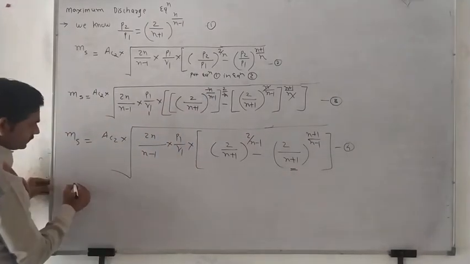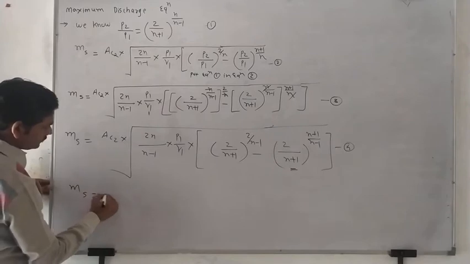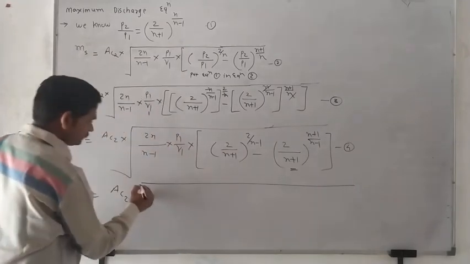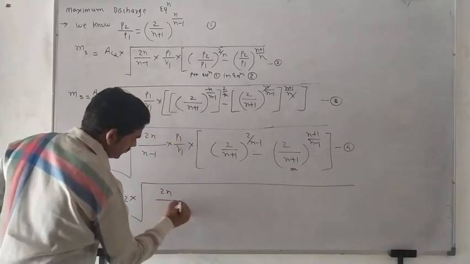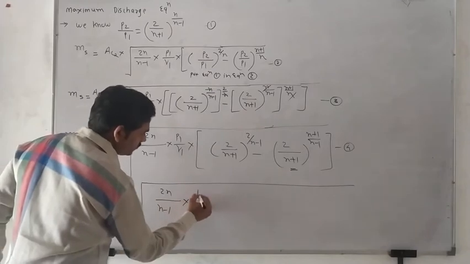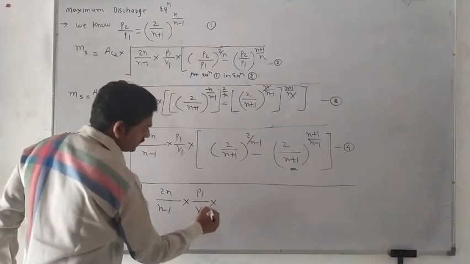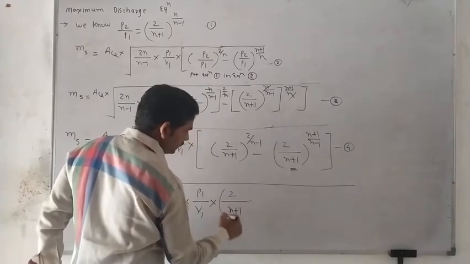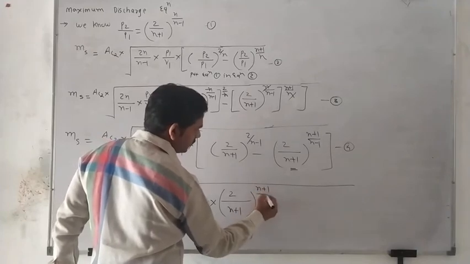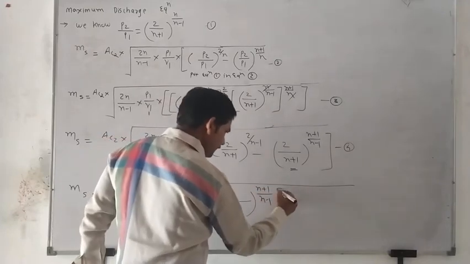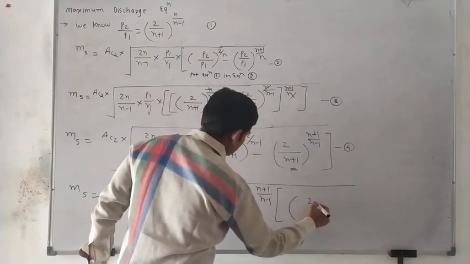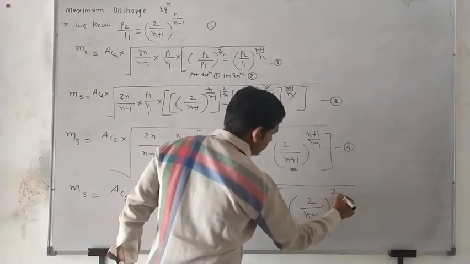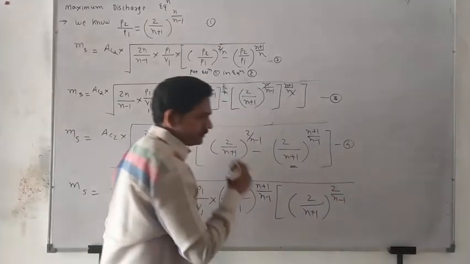So after taking this common, Ms equals A C2 in under root twice n upon n minus 1 into P1 V1. After common, what is remaining? (2 upon n plus 1) to the power n plus 1 upon n minus 1 in a bracket, (2 upon n plus 1) to the power 2 upon n minus 1.